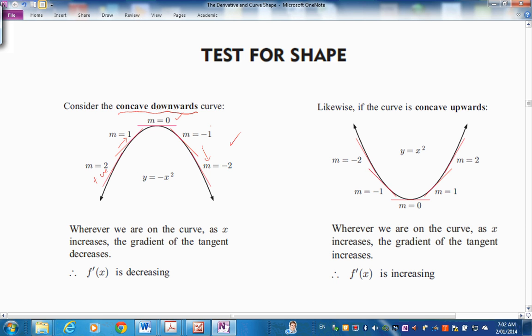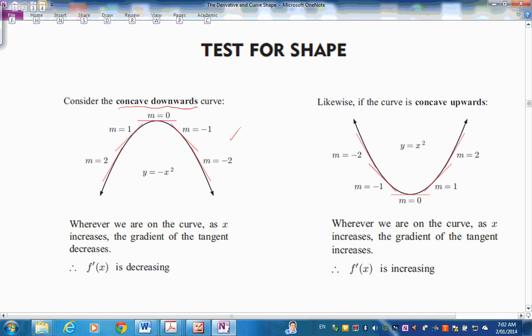So the values of the derivative are actually decreasing as we go through that position, because we've got positive values for the slope of the tangent going to negative.